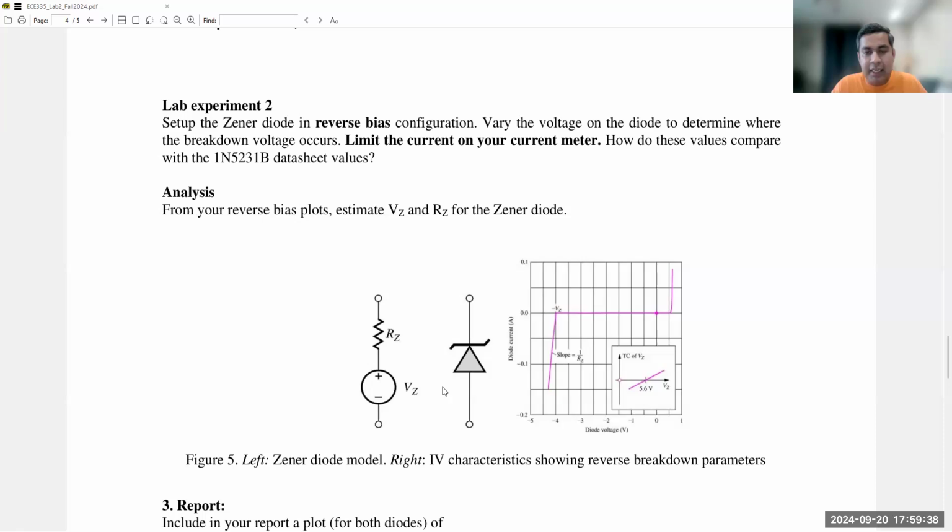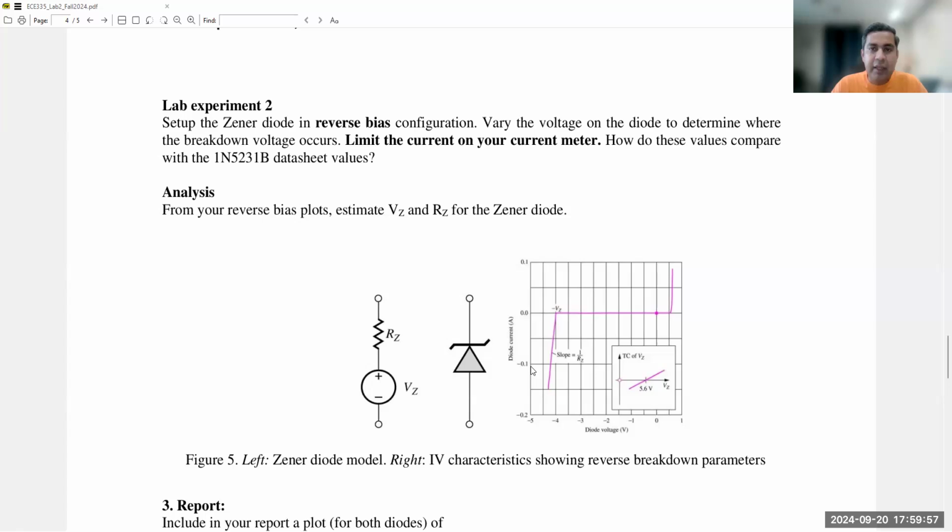You can see the circuit symbol of the Zener diode is a little bit different than the regular diode symbol, where this is the line that defines the cathode. But for the Zener diode, you can see the ends of the line are a little bit bent in this manner to signify its breakdown behavior.